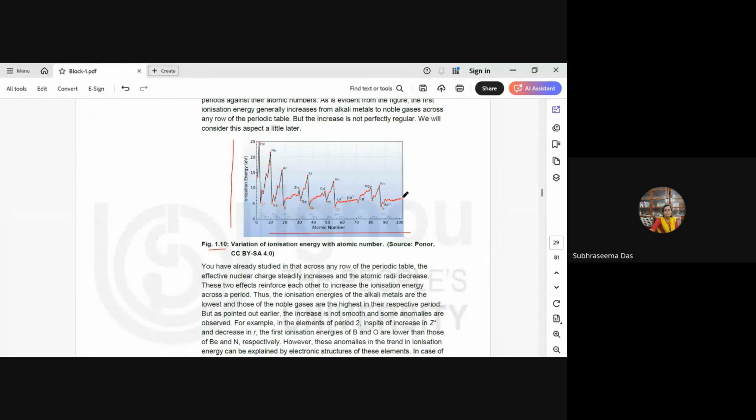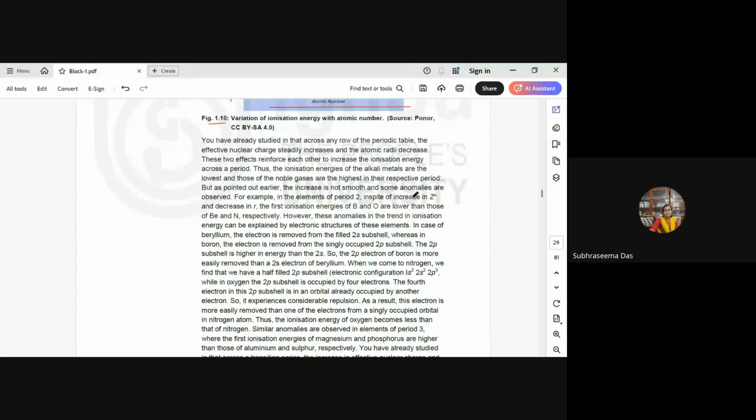Here we can see that across any row of the periodic table, the effective nuclear charge steadily increases and the atomic radii decrease. These two effects combine to determine the ionization energy across the period.